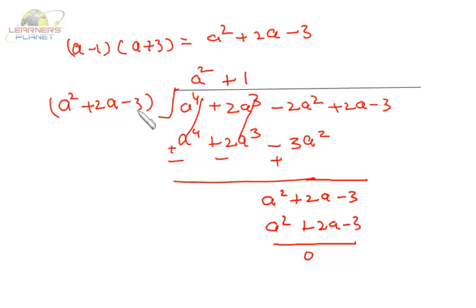So a square plus 2a minus 3 was a minus 1 into a plus 3, and this is the last factor. Okay, so here there are two real factors and two unreal, or we can say imaginary, factors. So the factors of this biquadratic polynomial are these.